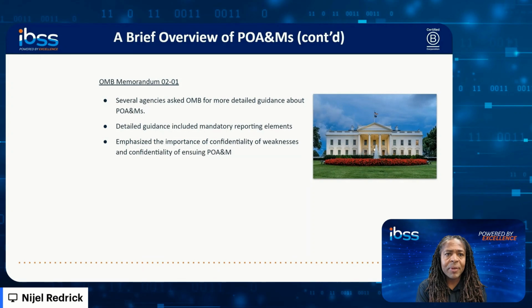Later on that year, due to numerous requests from several agencies, OMB issued additional guidance and specified the mandatory reporting requirements, and also emphasized the importance of keeping POA&Ms confidential, because keep in mind that a POA&M is about addressing weaknesses. Consequently, we want to make sure that those weaknesses are not in the wrong hands.